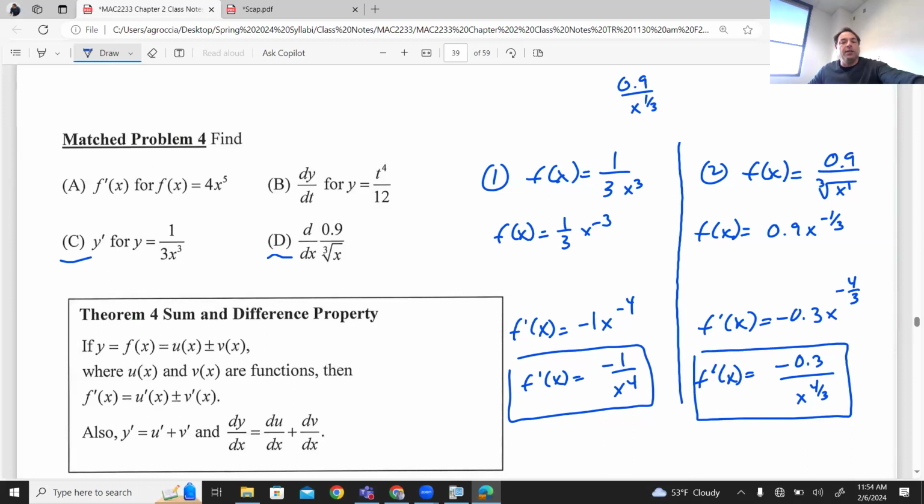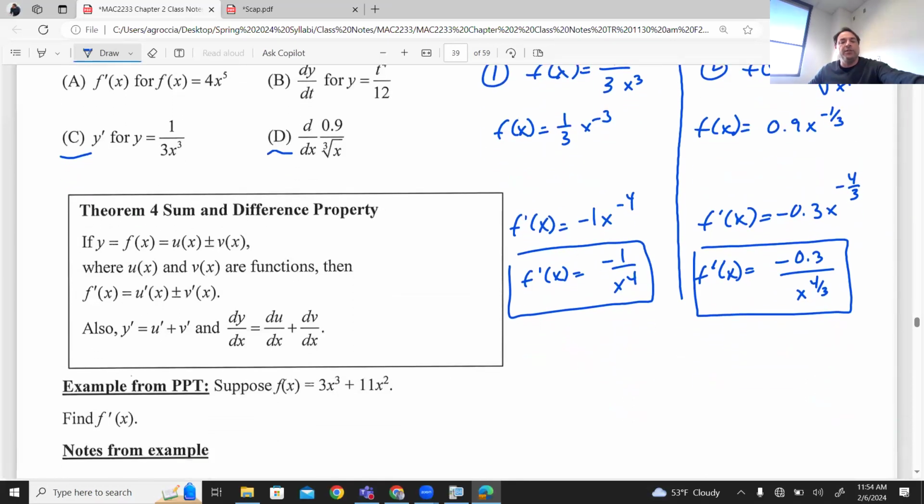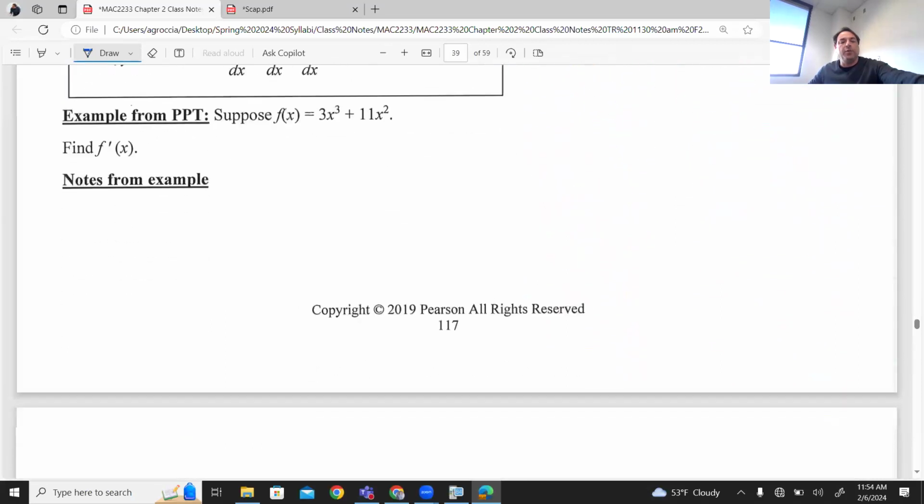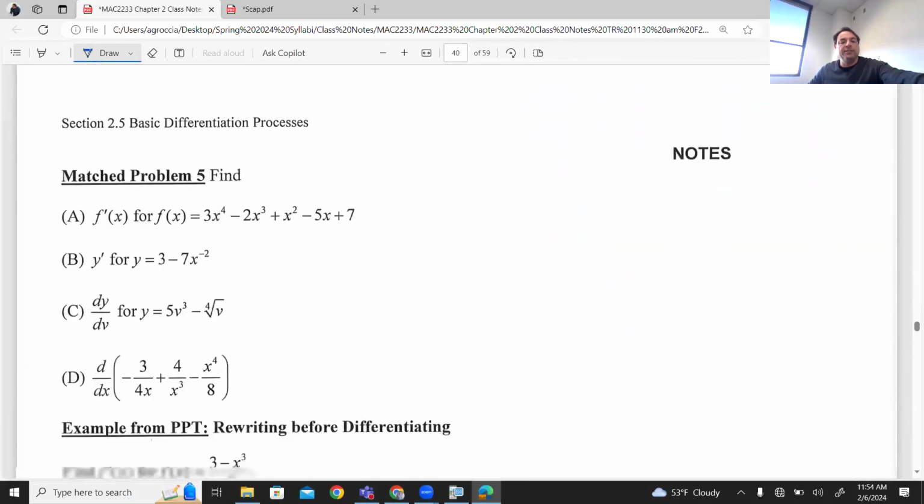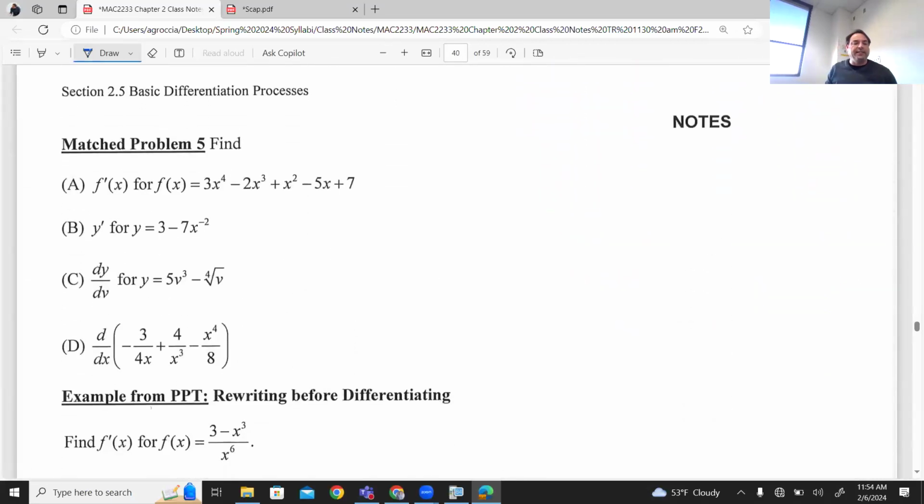Okay. A couple more, kind of what we've already covered, but I'll give you a couple more practice. Let's try C and D here. This one is just using a different letter, so we'll stick with the different letter. This is y equals 5v to the third minus the 4th root of v.